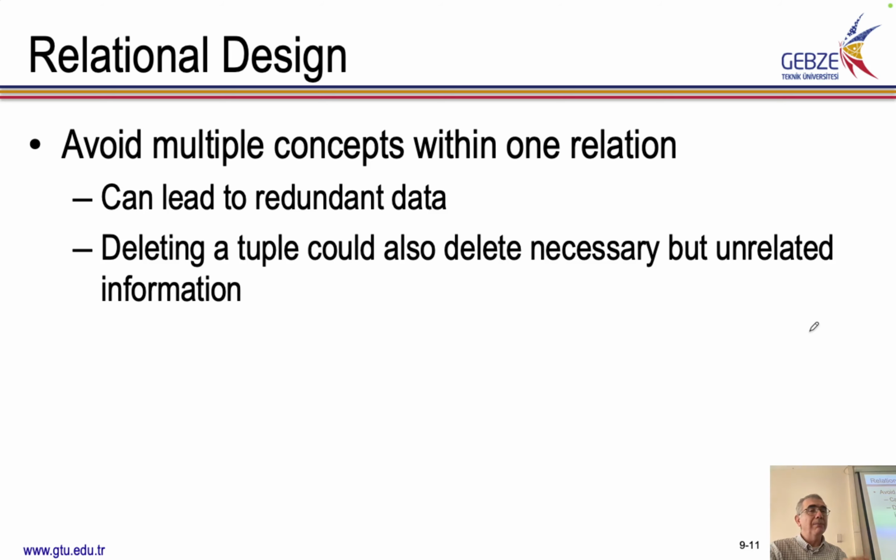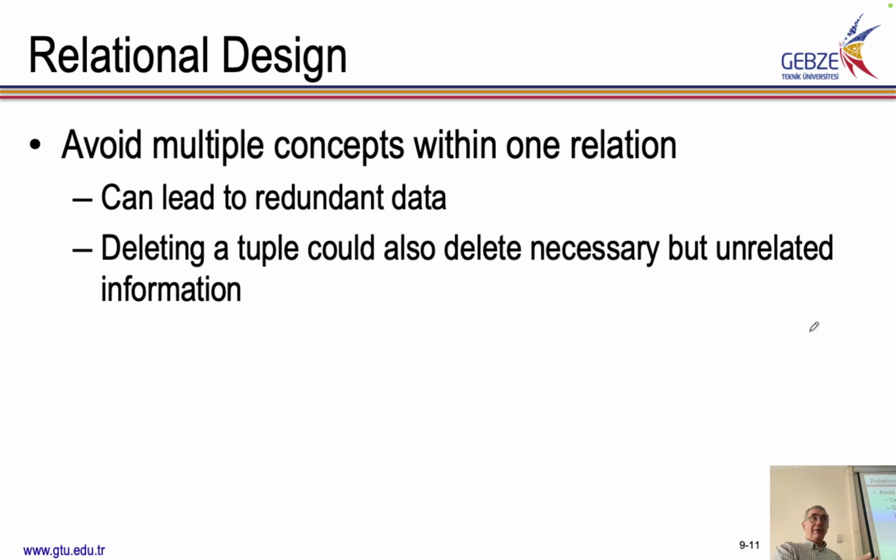When you combine multiple things in one relation, it will create redundant data, a lot of replication, and also problems with deleting something. For example, that patient is discharged. Delete. Okay, but he is an employee.